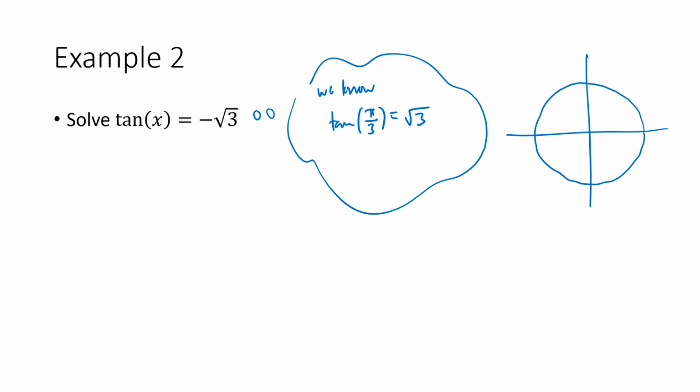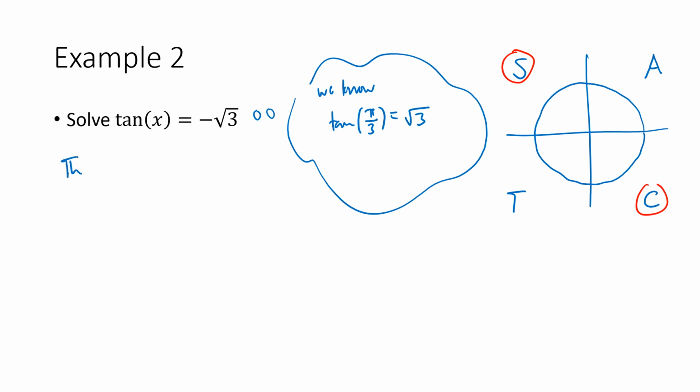So again, remembering the device that we have for remembering which trig functions are positive or negative in each quadrant, we have ASTC, and this means that tangent is negative in quadrant 2 or in quadrant 4. So the angle we're looking for either lives in quadrant 2 or quadrant 4 because the angle we're looking for has a negative tangent. The other thing we know about this angle is that its reference angle is pi over 3.